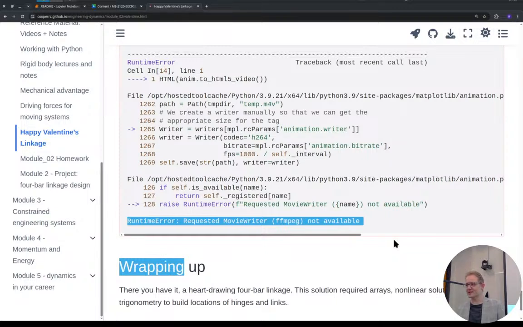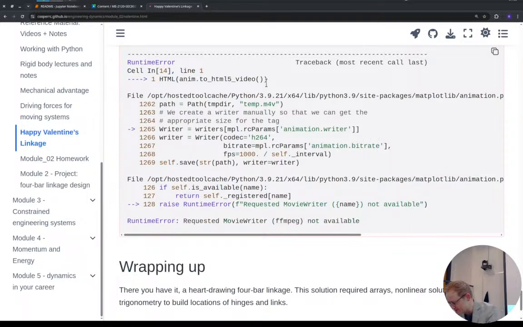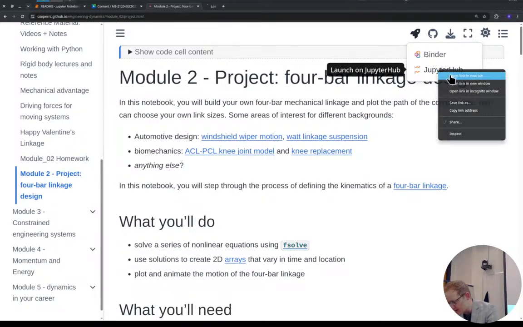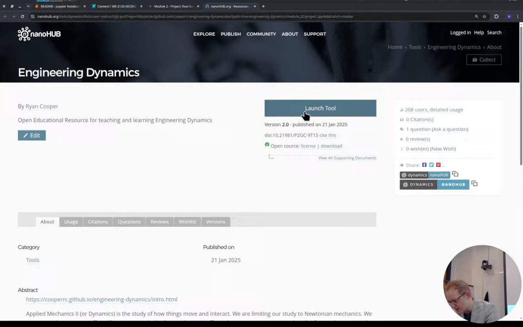I've installed it so many times in the little container that runs this stuff, but it just keeps disappearing. Anyway, anywhere we see this JupyterHub link, that'll bring us over into NanoHub to get back into Python and start doing some work.